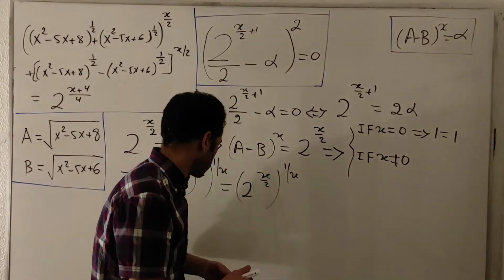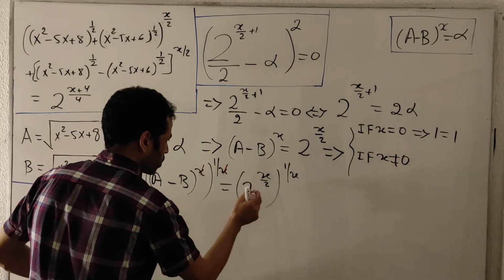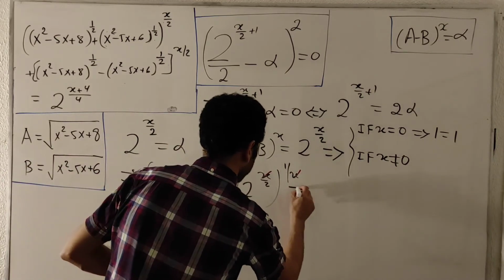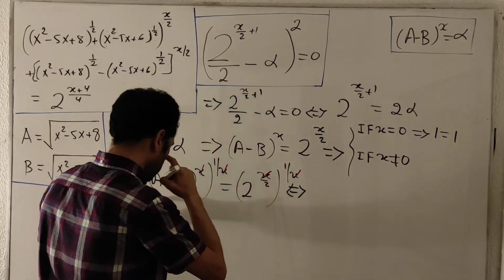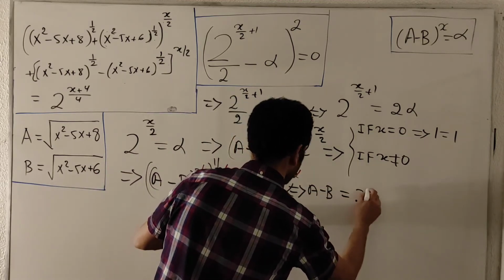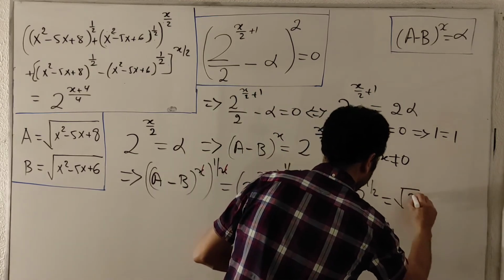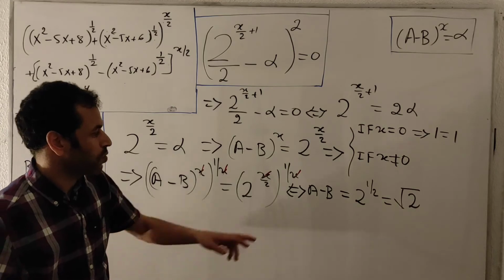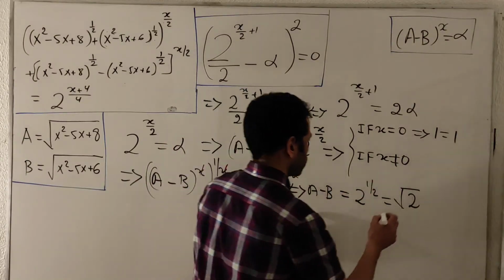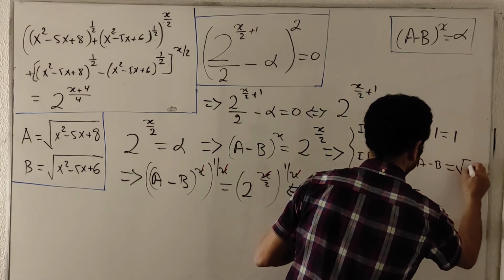That's what we have here. So I'm going to cancel out this x from the exponent. This one will be cancelled out with this one. So I will be left with a minus b equals 2 to the 1 over 2, which equals square root of 2. And now I found the value: a minus b equals square root of 2.